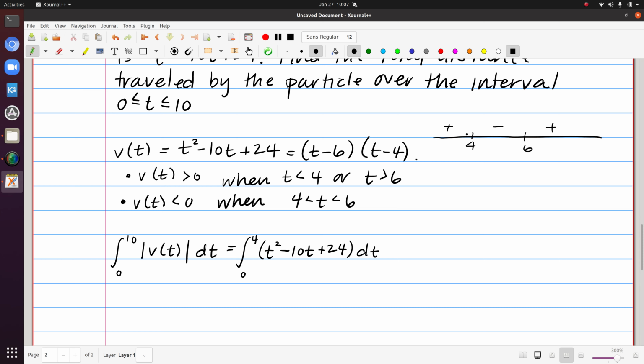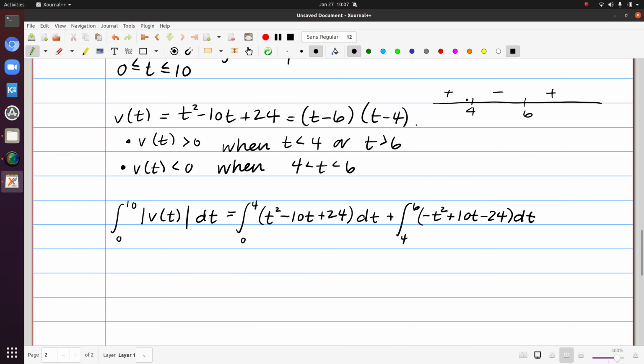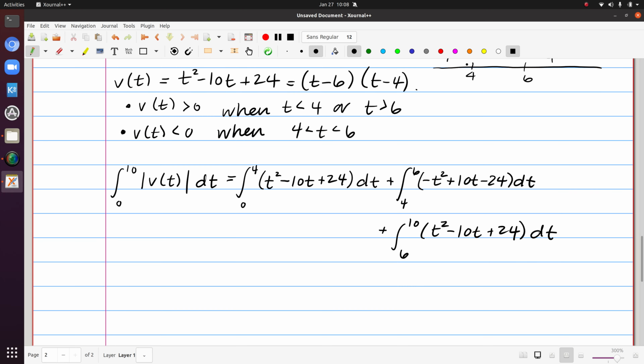Then I integrate the negative of that from 4 to 6, so this would be minus t squared plus 10t minus 24. I'm running out of room, so I'll put it here. From 6 to 10, I go back to the positive version of v of t. This is how we account for that absolute value.